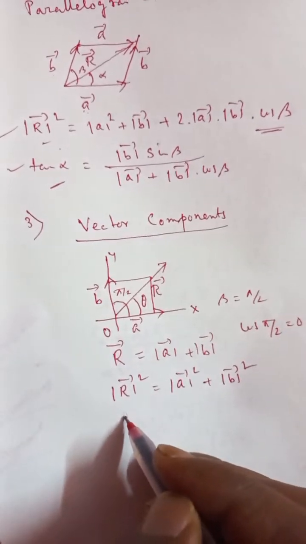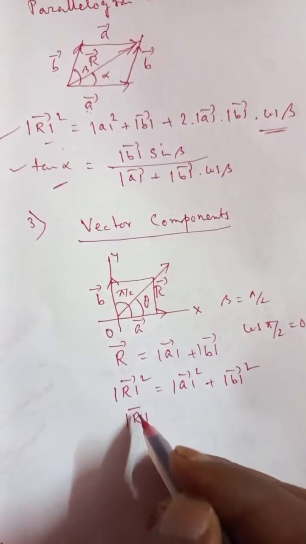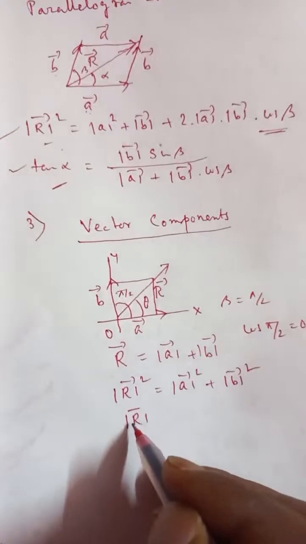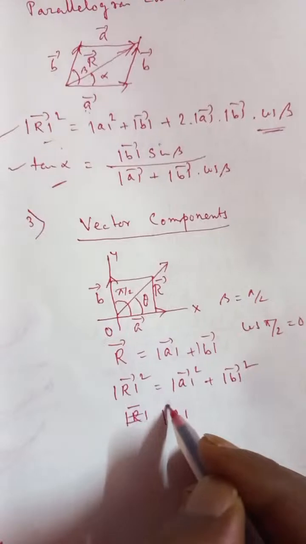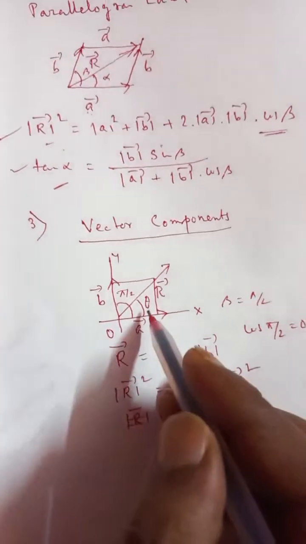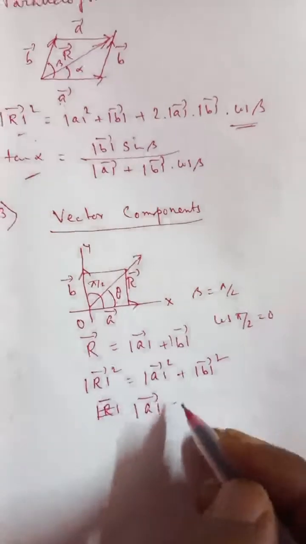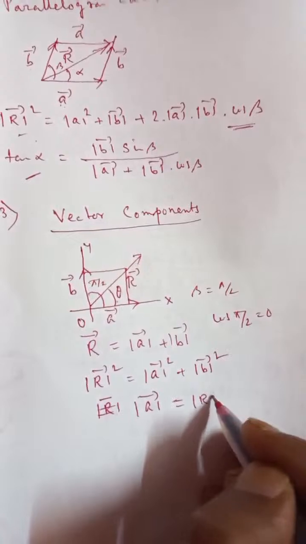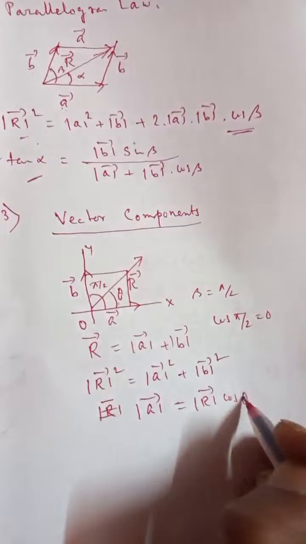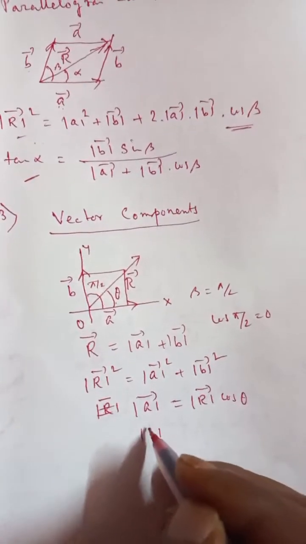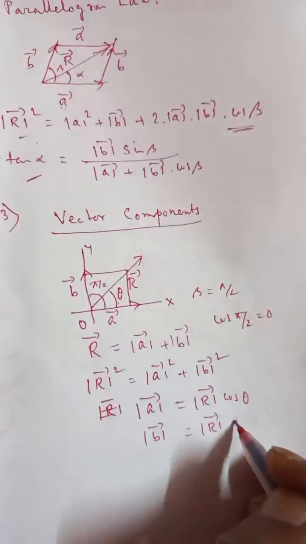Also, mod of A vector can be represented through this angle theta. Mod of A vector is equal to mod of R vector cos theta, and mod of B vector is equal to mod of R vector sin theta.